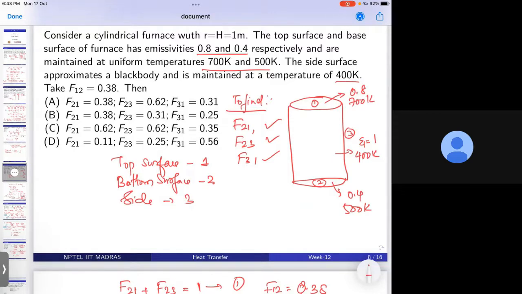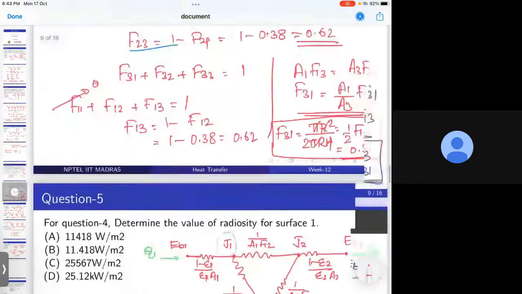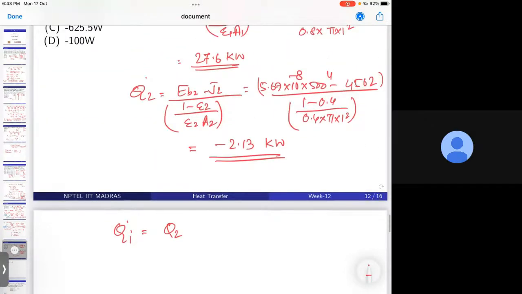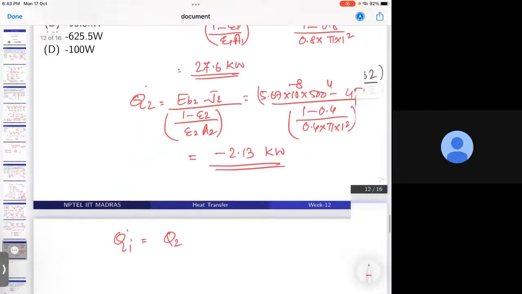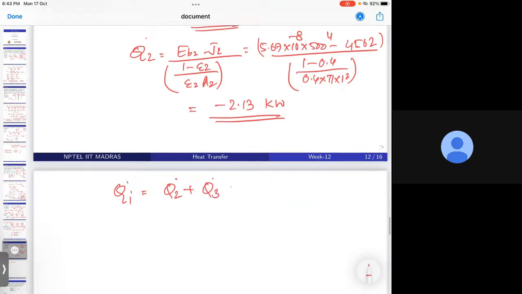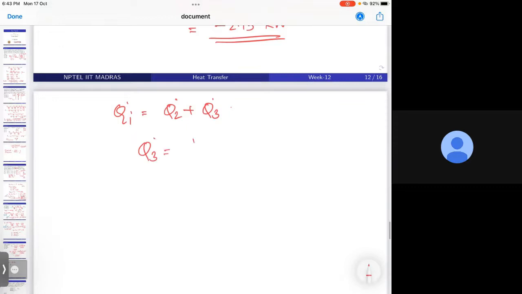So whatever heat is transferred, that is the net heat transfer from surface 1. Some part will be going to surface 3 and some part will be going to surface 2. So we know Q1 is equal to Q2 plus Q3. So Q3 is equal to Q1 minus Q2.